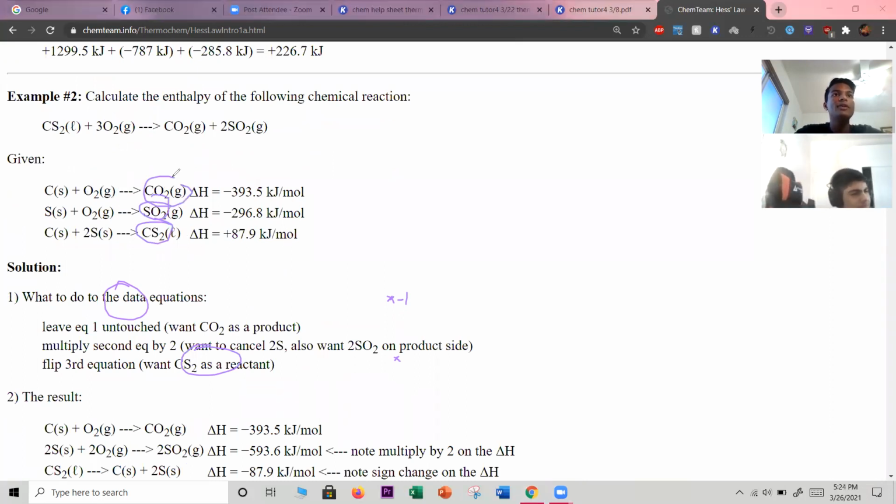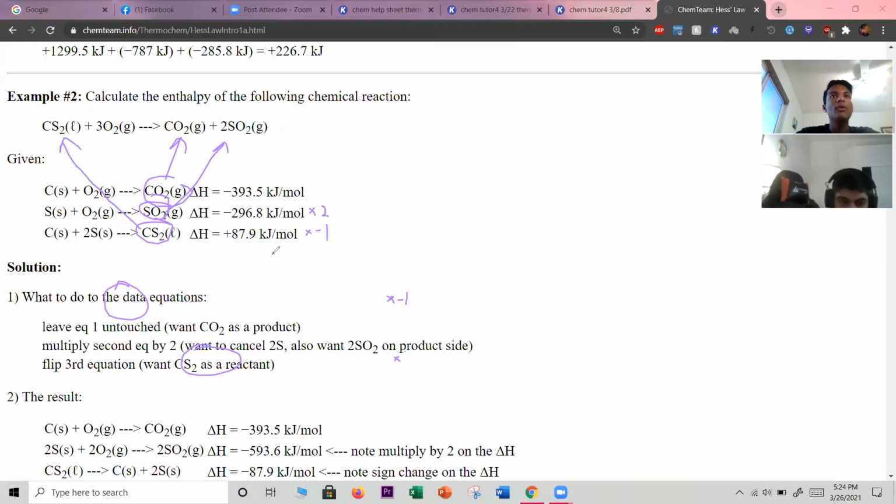But this one was easy. We just needed to find out whether it was still in the products, or like this one we have to multiply by 2, because there's 1 here, there's 2 here. This one, we have to flip it, make it go to the reactant side. That's why we did times 2 here and then times negative 1 here.